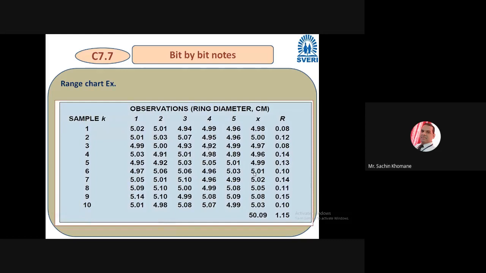Just calculate. One more reading you have to tell me, to see whether you understood the range, because if you are not able to calculate the range, then you cannot prepare the range chart. For the 10th reading, can somebody tell me what the higher reading and lower reading are? Which readings will you refer to, to calculate the range? Please tell me these two readings for the 10th number. Take 1 minute.